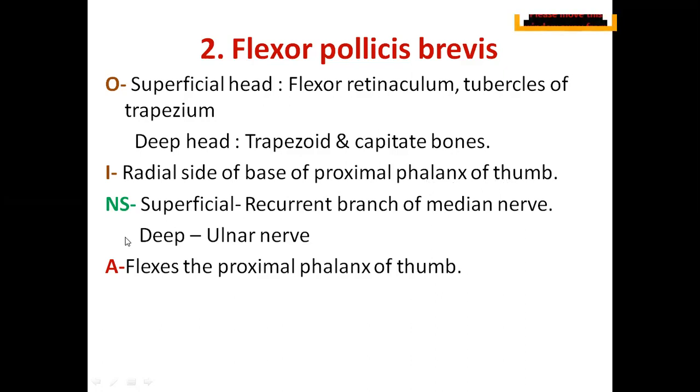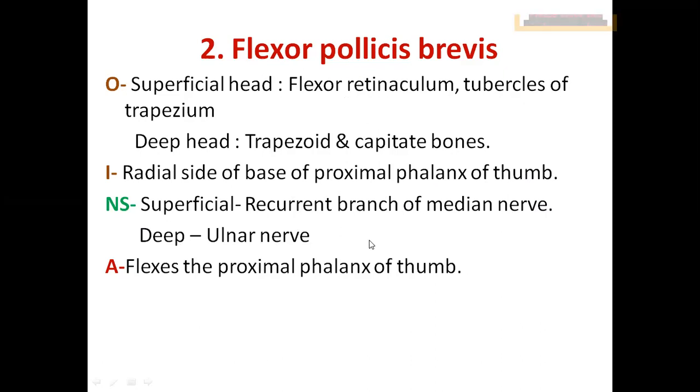Okay, nerve supply. The superficial head is supplied by the recurrent branch of the median nerve, and the deep head is supplied by the ulnar nerve. So if you find any muscle supplied by two different nerves, try to remember that such a muscle is called a hybrid muscle.